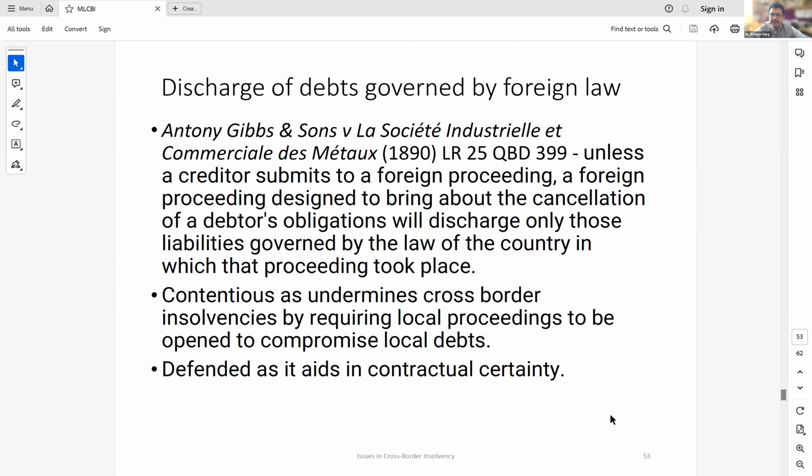So there are certain contentious issues, as it undermines cross-border insolvencies by requiring local proceedings to be opened to compromise local debts. But it is defended as it aids contractual certainty. It's an old case, and British common law is old, and it helps their law. Even though they say it is not resorted to in several cases, they have not changed the law or overruled it.